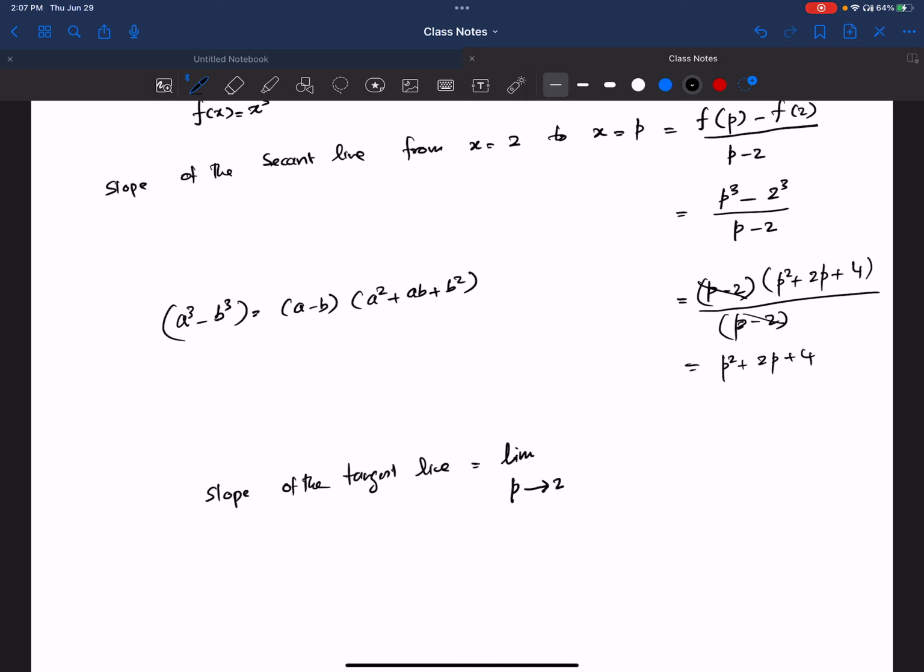That means delta t goes to 0, so p minus 2 goes to 0, which means p goes to 2.